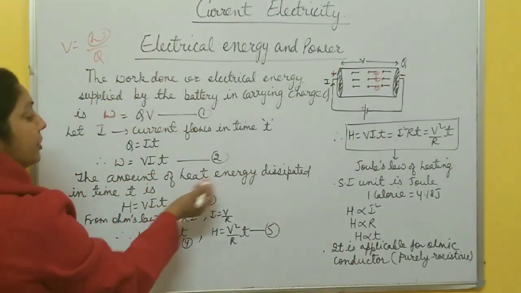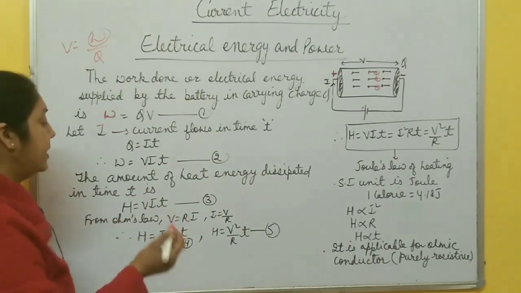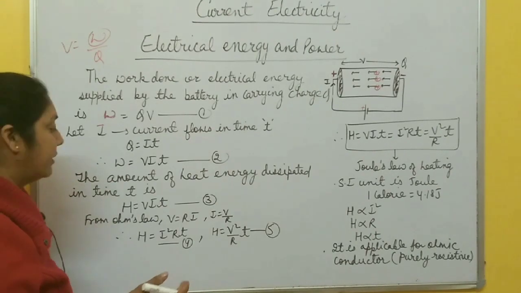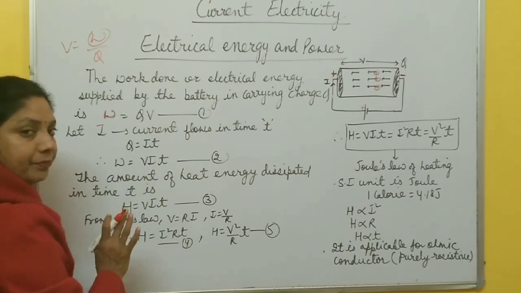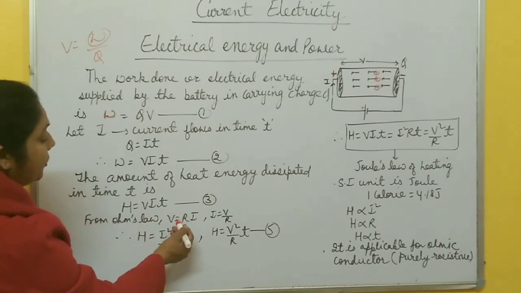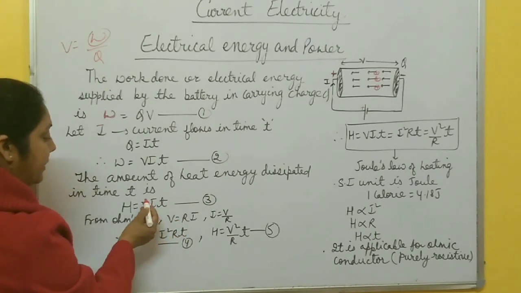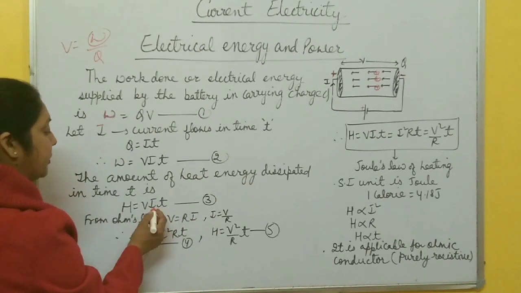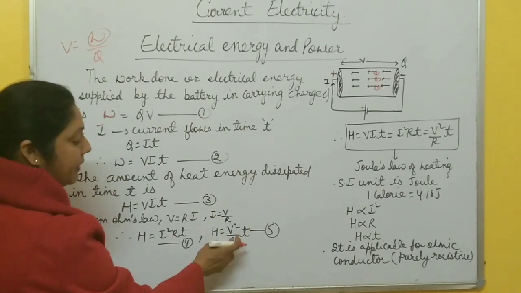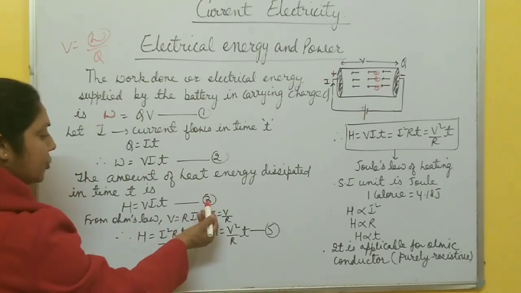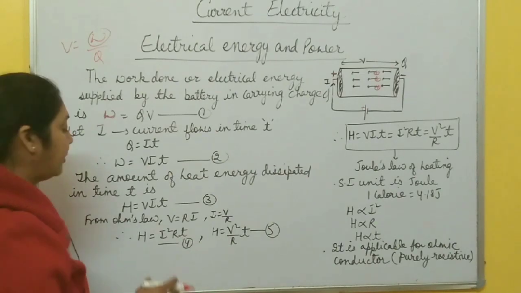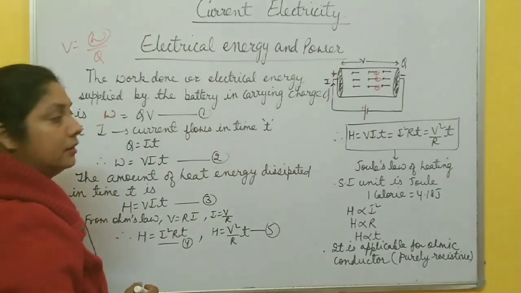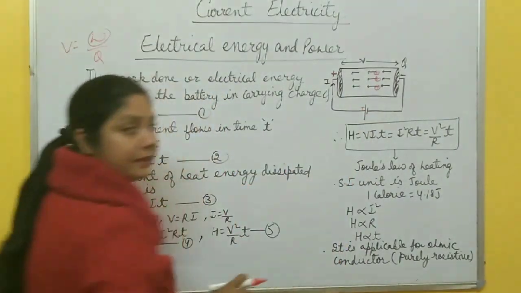So the amount of heat energy dissipated in time t is nothing but this work done, equal to V I t. You can write it in other forms also from Ohm's law, V equal to R I. Putting R I in place of V, it becomes I square R t, or putting V by R in place of I, it becomes V square by R t. So equations 3, 4 and 5 are all heat energy dissipated inside the conductor due to the electrical energy supplied by the battery.